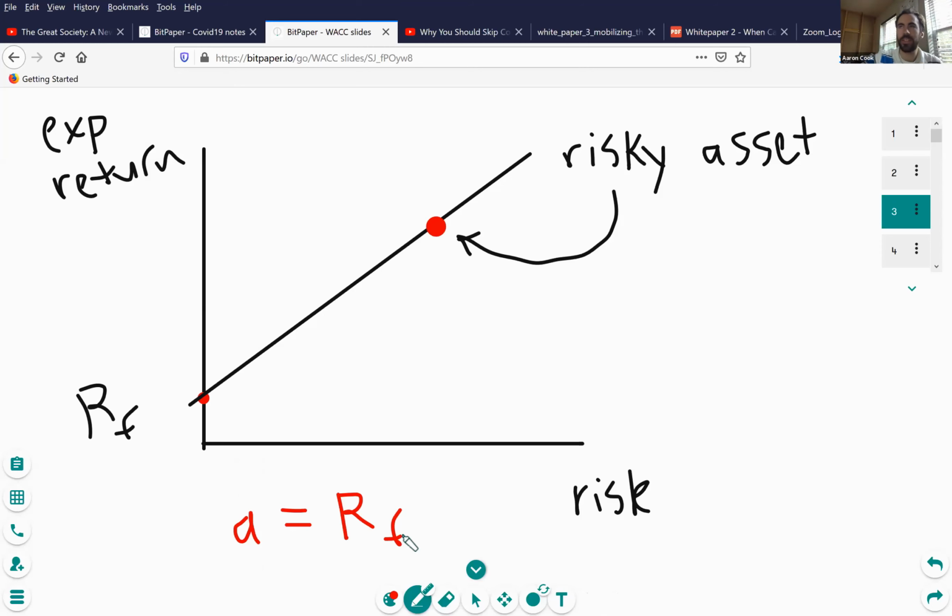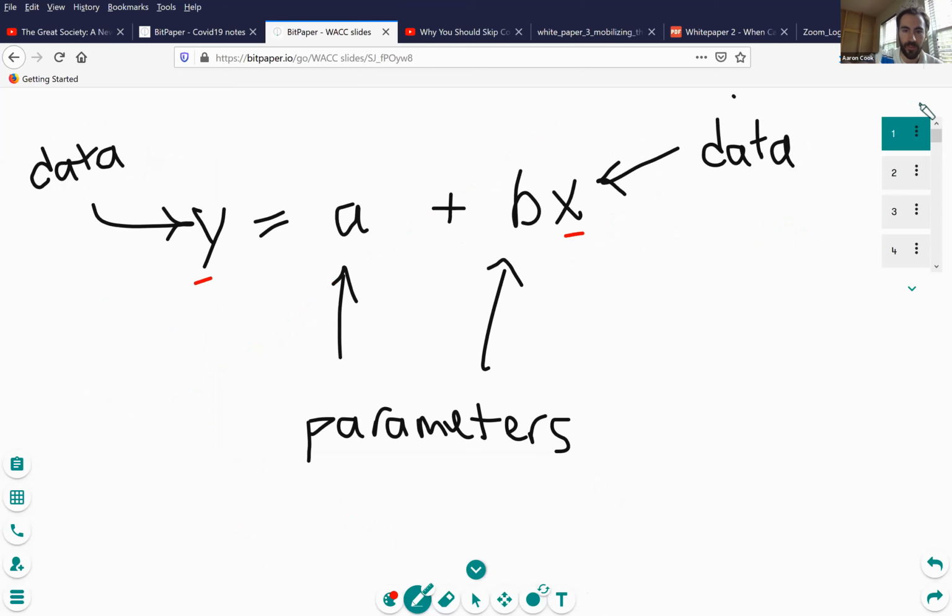So in a sense, we're not estimating a totally unconstrained regression. If these are both free parameters, that's an unconstrained regression. But we want to actually fix a equal to the risk-free rate based on our knowledge of portfolio theory.